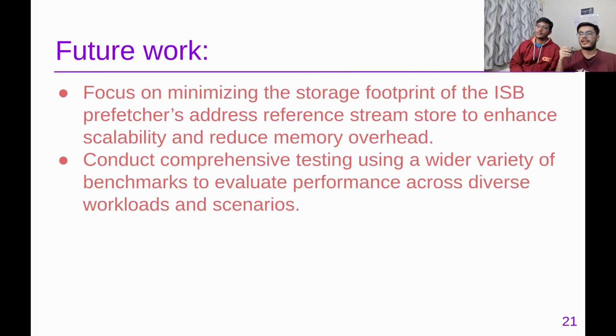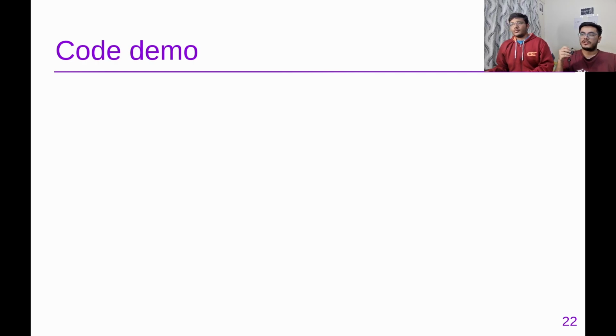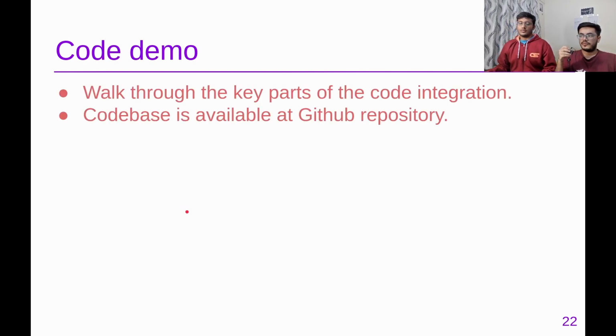By some filtering mechanism, we can keep some critical IPs for which we maintain the streams and prefetch based on that. By that we can lower the memory footprint a lot. Also, we have only done a limited amount of benchmarking on the traces, so we can do comprehensive testing in the future to get deeper insights.